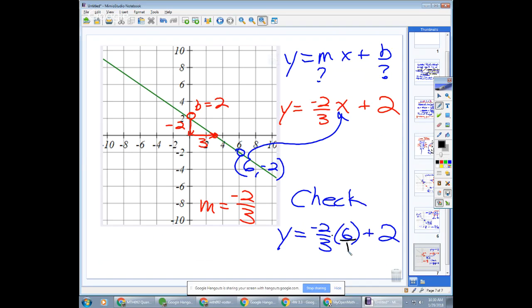And then since I'm multiplying, I can clean it up a little first and say 3 goes into 6 twice. 2 times negative 2 is negative 4. Plus this other 2 gives me a negative 2. It checks. So I got it right. Sometimes checking is as much work as doing it. But if it matters, we should check it.